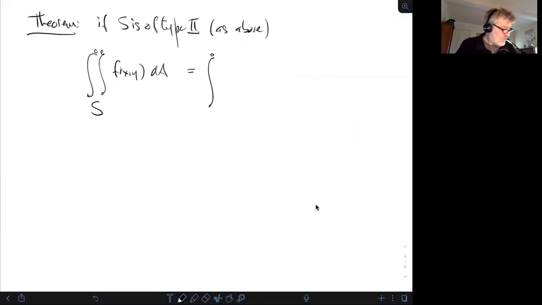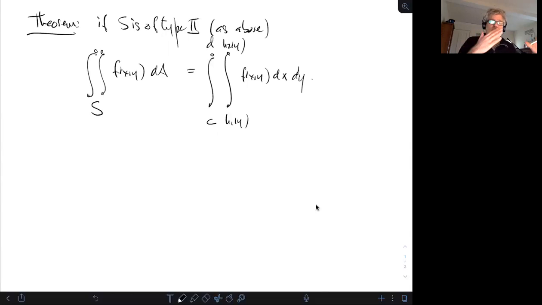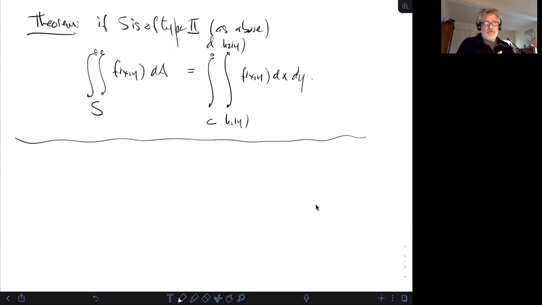So it's the integral from c to d, integral from h1 of y to h2 of y, f of x, y, dx, dy. So again, notice the non-constant limits of integration are always inside. It makes no sense to have them outside. Okay. So this is the same result as for type 1, but in the other direction.